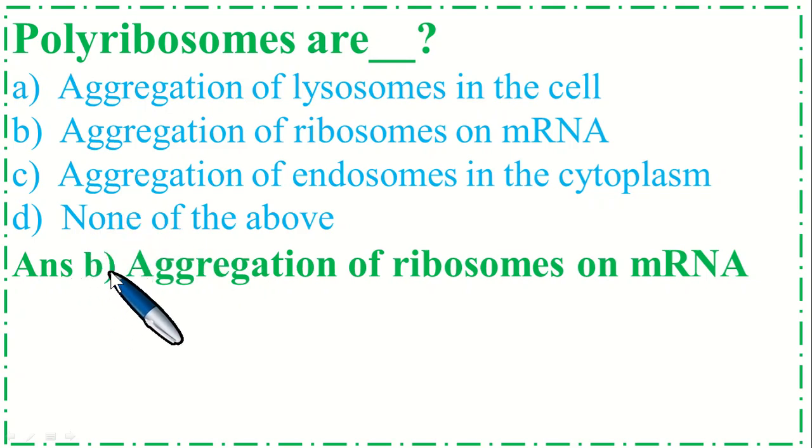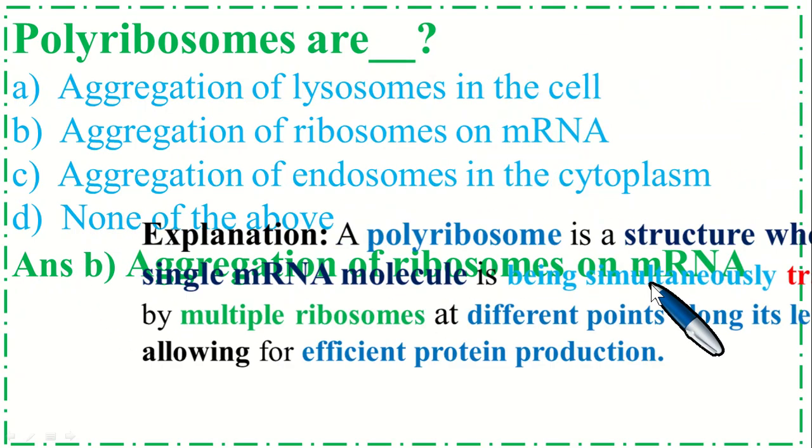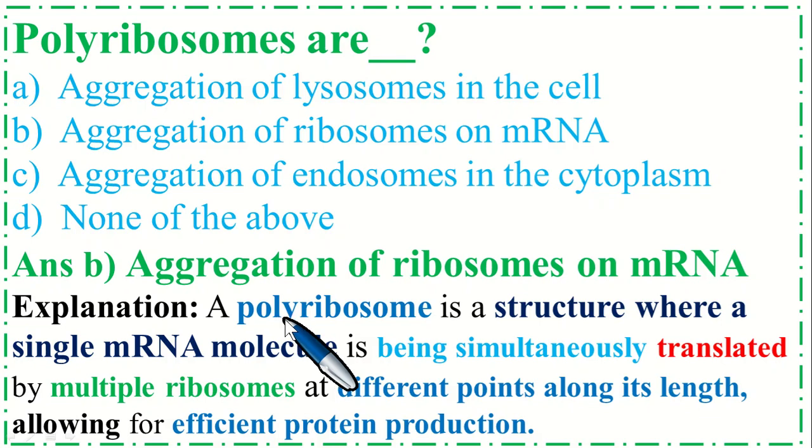So the correct option is B, aggregation of ribosomes on mRNA. A polyribosome is a structure where a single mRNA molecule is being simultaneously translated by multiple ribosomes at different points along its length, allowing for efficient protein production.